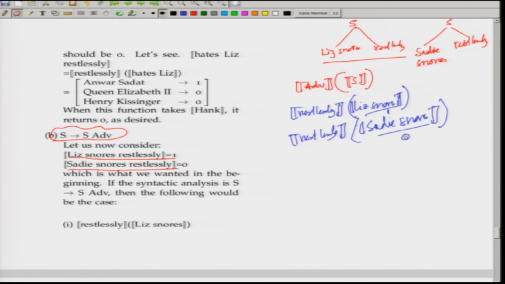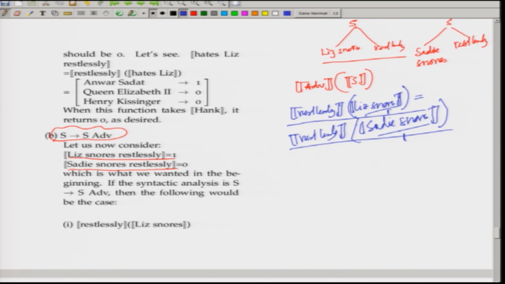So, they both are actually 1. So, whatever restlessly would yield after taking these 2 would be the same thing, because these 2 are the same. So, if had this been the analysis, both would give any truth value.